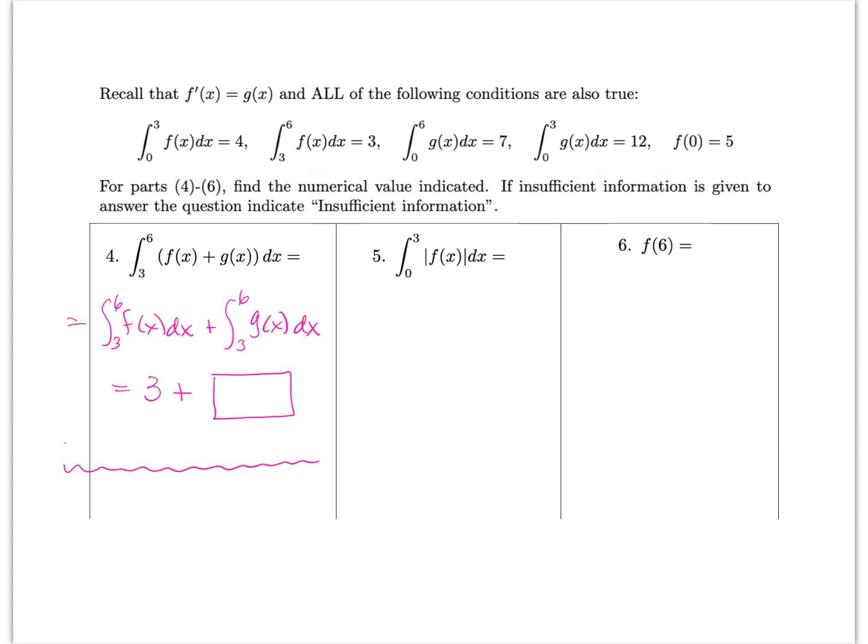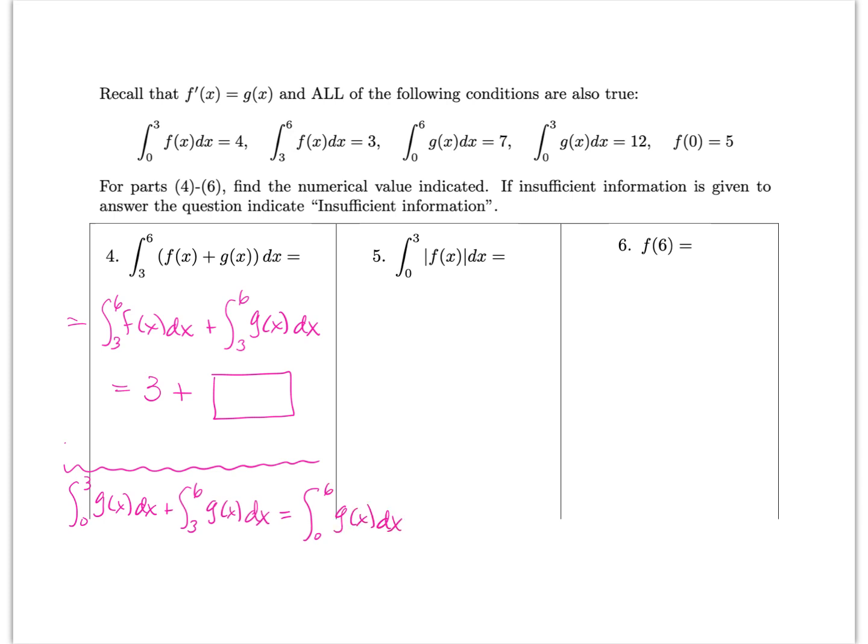Down here under the pink line, I want the integral from 3 to 6 of g of x. What do I actually have? I have the integral from 0 to 6 and from 0 to 3. So I know 0 to 3 plus 3 to 6 should give me 0 to 6. Let me write that out. The integral from 0 to 3 of g of x dx plus the integral from 3 to 6 of g of x dx should give me the full integral from 0 to 6 of g of x dx.